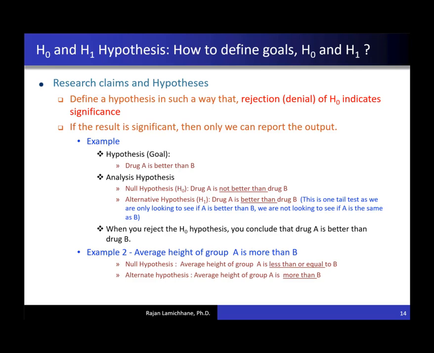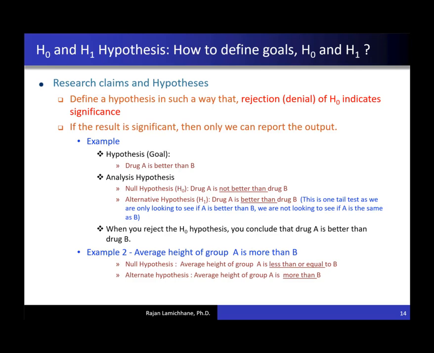Now let me show you two examples to define null and alternate hypotheses. In the first example, the research goal is to see whether drug A has a better outcome than drug B or not. Now, when you define null and alternate hypotheses for this research goal, you have to define them in such a way that when you reject the null, then your outcome will be significant.